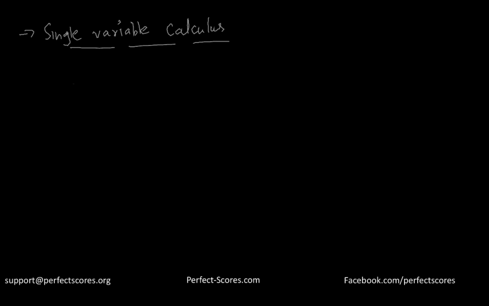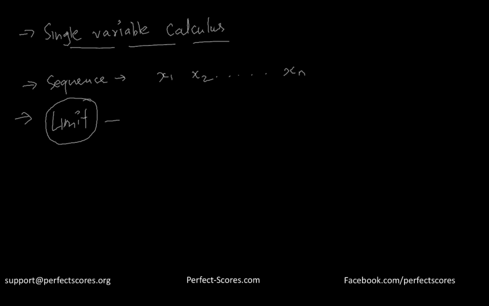Okay, so let's start. Let's say that there is a sequence, and that sequence has x1, x2, all the way till xn. So we have a sequence of n numbers. What is the limit of a sequence? By the limit of a sequence, I mean what is going to happen to the last value of the sequence as n approaches infinity.